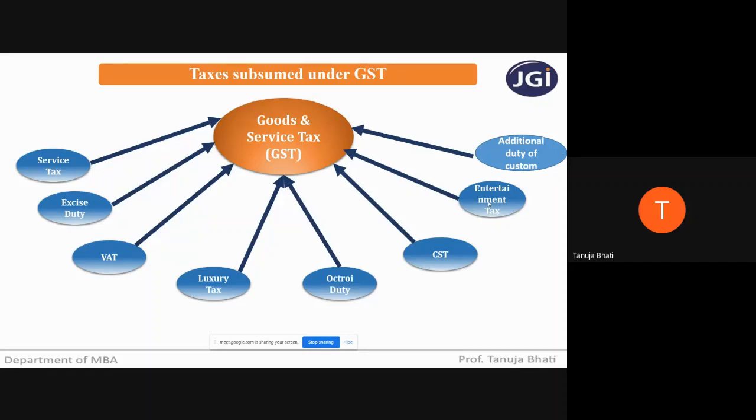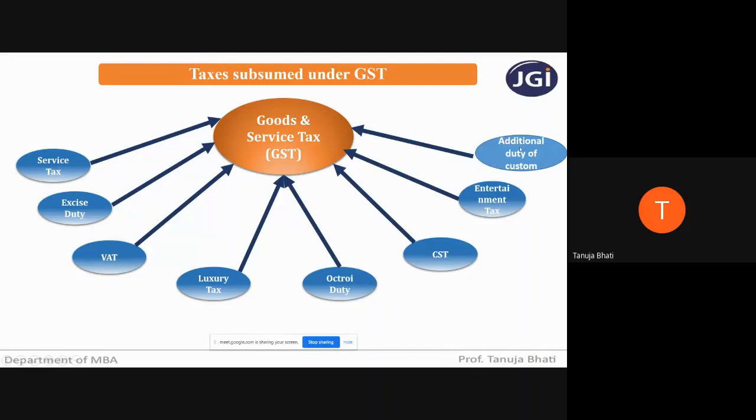Basic custom duty is still alive, still being charged, but only additional duty of custom is being replaced by GST. All the other duties relating to customs are still charged. They are not replaced by GST. So in respect of custom duty, only additional custom duty is being replaced by GST.